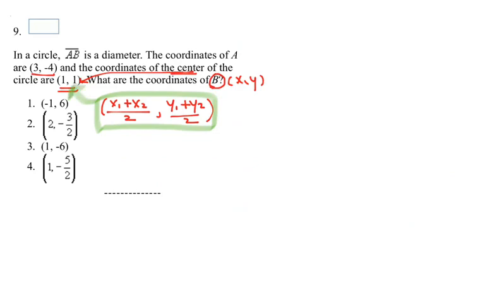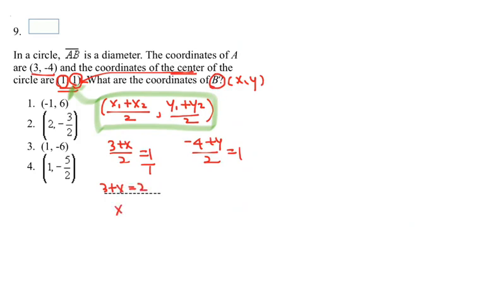So here what we can do is this, 3 plus x over 2. That has to correspond to the x value of the midpoint, which is 1. And then, likewise, 4 plus y over 2 has to correspond to the y value of the midpoint, which happens to be 1 also. Here, when we cross multiply them, we get 3 plus x equals 2.